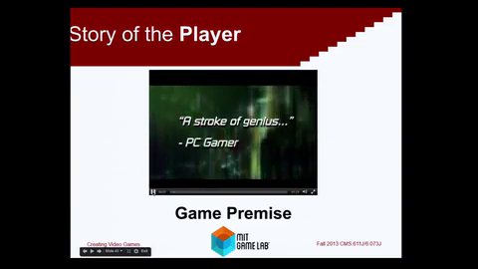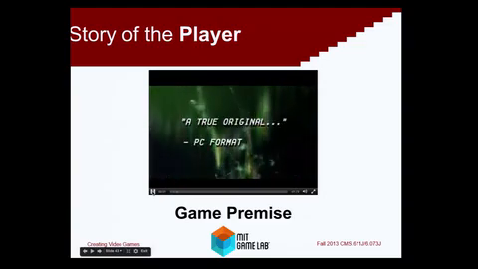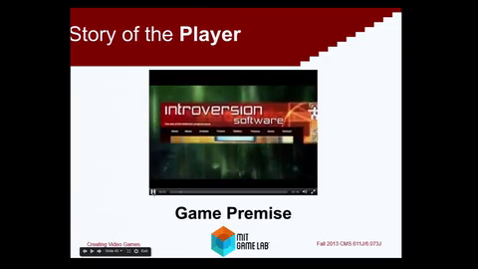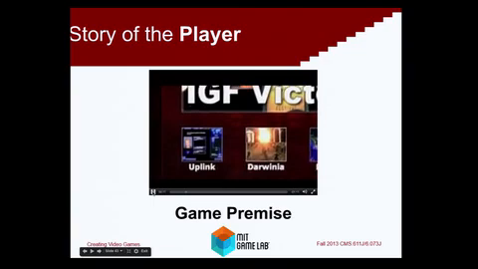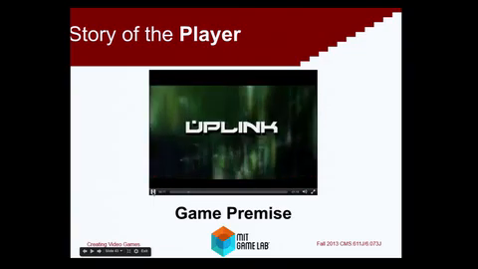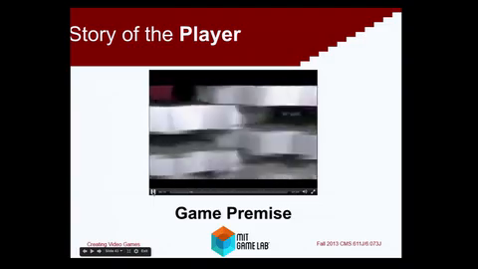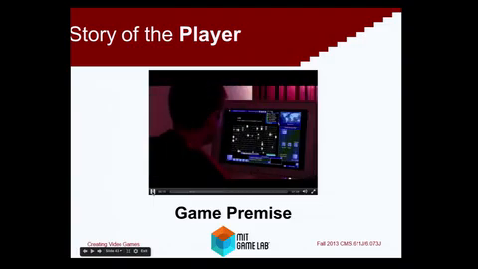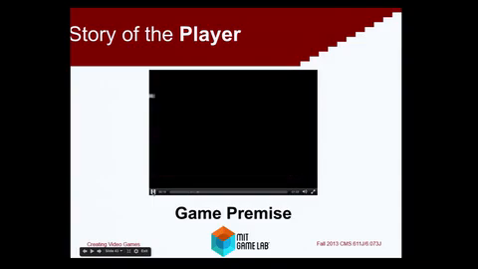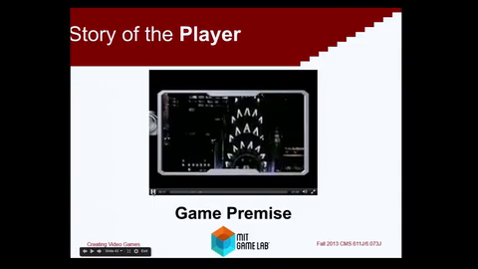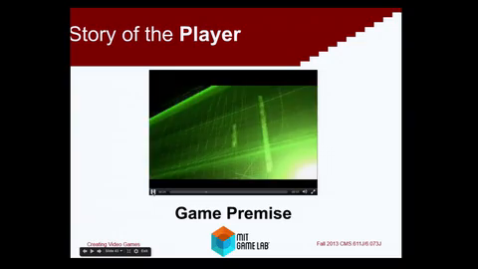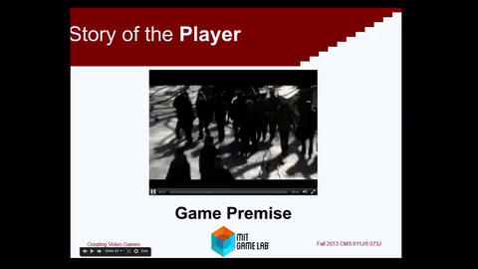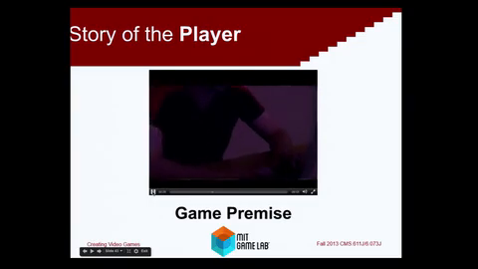Stroke genius. A true original. From Introversion Software, the award-winning makers of Darwinia, a futuristic high-tech computer crime game for the hacker elite. Uplink. You're an Uplink agent, a freelance hacker. Your clients, global multinationals. You hack into wild computer systems, steal research data, sabotage other companies, launder money, erase the evidence, even frame innocent people, and all for the comfort of your own home.